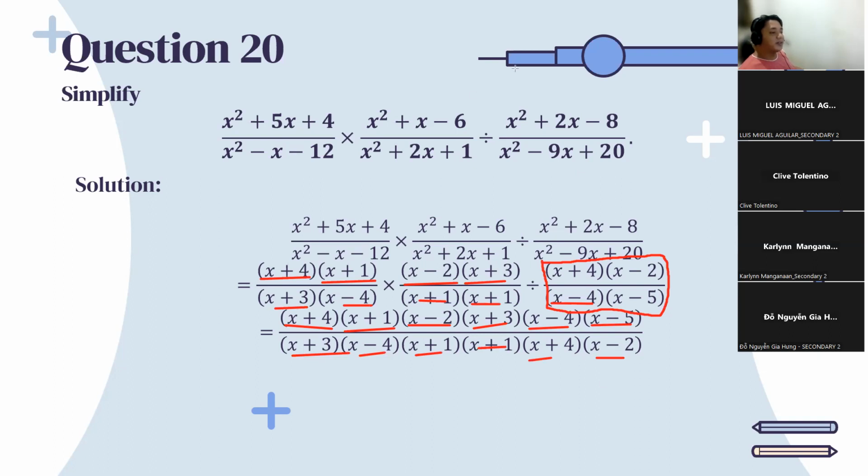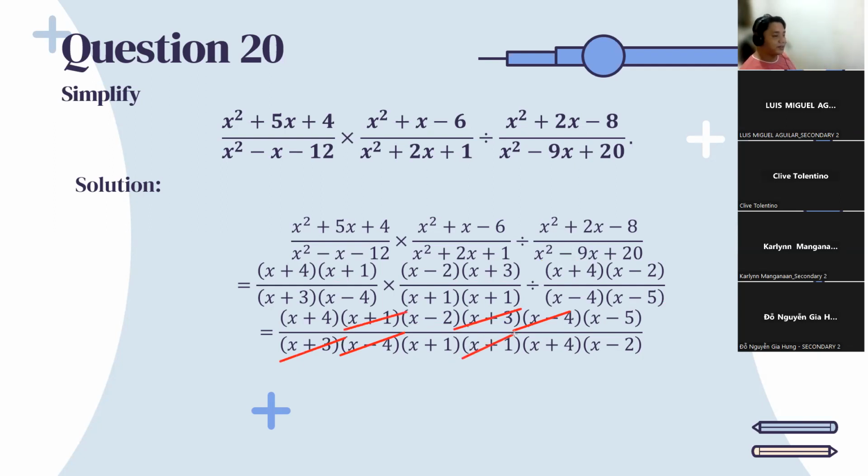Okay. So the main reason why I did not cancel out factors earlier is that it may cause confusion for me in the long run. So this is what I will do. For this one, it's so much easier to get rid of the common factors here, or equal values.